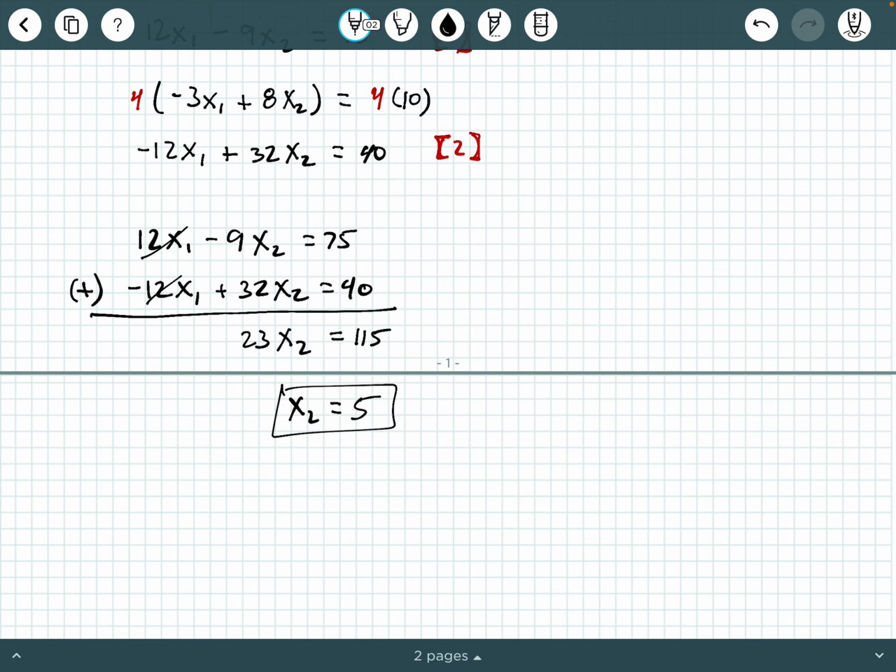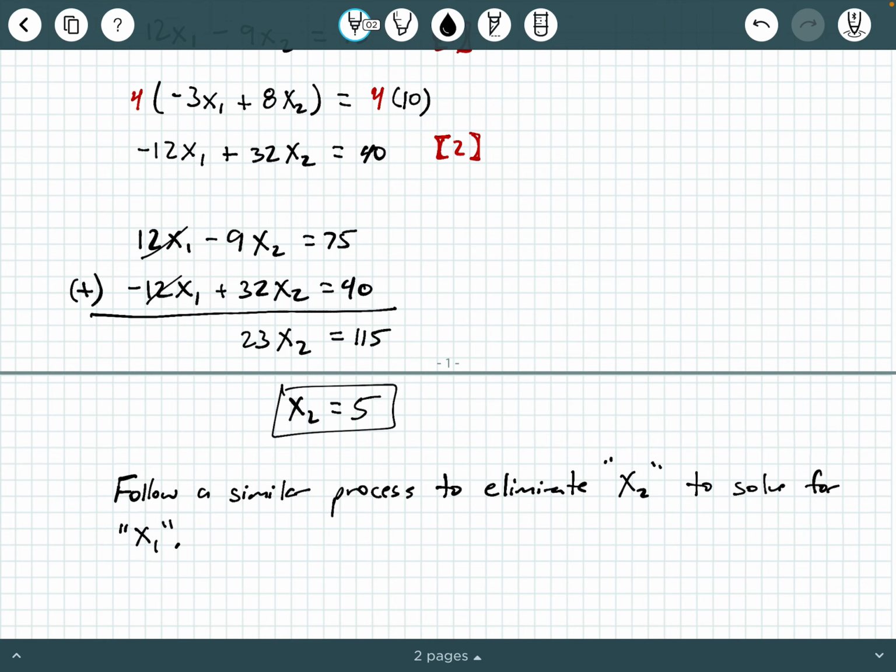Now we're going to follow a similar process to eliminate x2 and solve for x1.